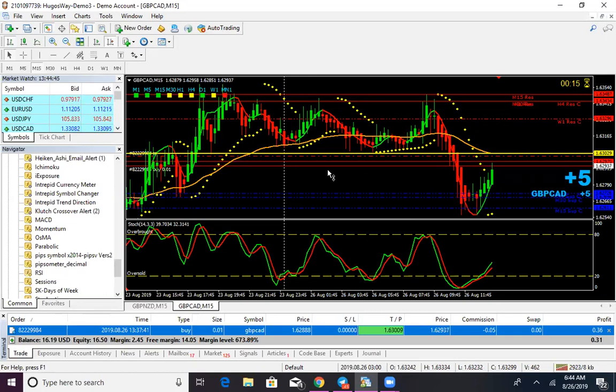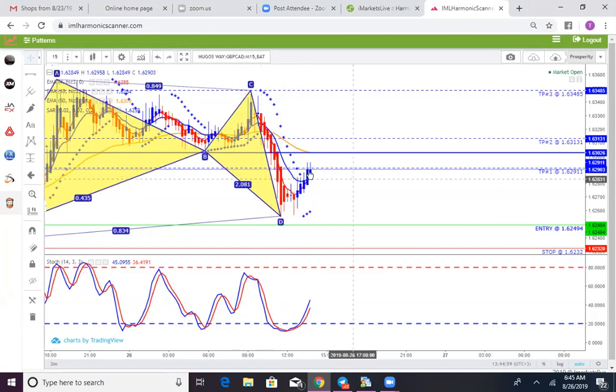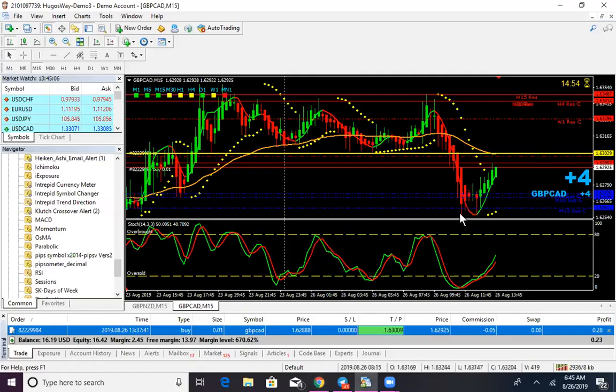Okay. So now let's get back to the strategy to help you out on the harmonic scanner. The first thing I did, I looked at my stochastic. I'm looking for the twisting of my stochastic lines. If it's calling for a buy, see it's struggling right here. It can't push past that for right now. It might, but it's struggling a little bit. So what I'm going to do, I'll wait for the next candle to come out.